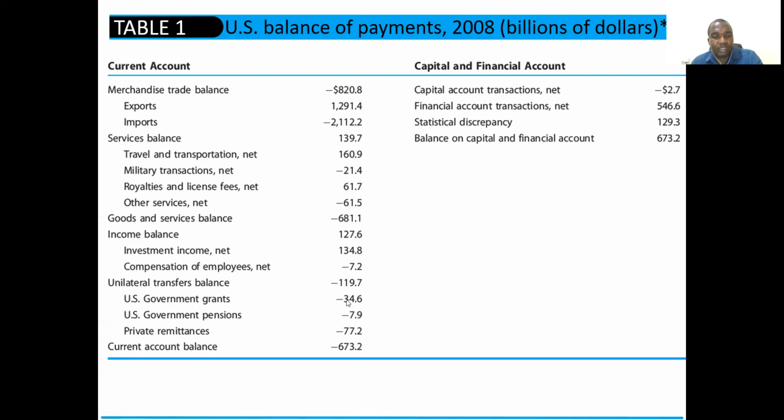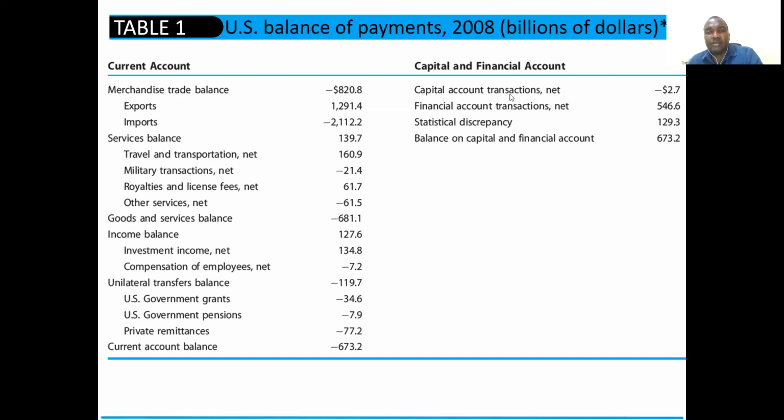If we add all these negative figures, 77.2 plus 77.9 plus 34.6, we get 119.7, and then we put the negative sign, which is the common sign of these numbers. And the current account balance is simply a summation of net unilateral transfers and investment income and the balance of goods and services.